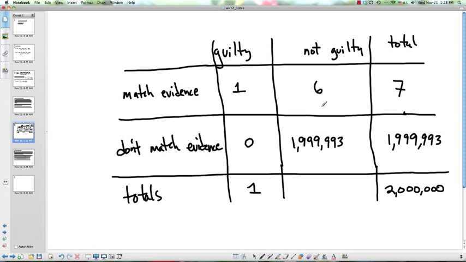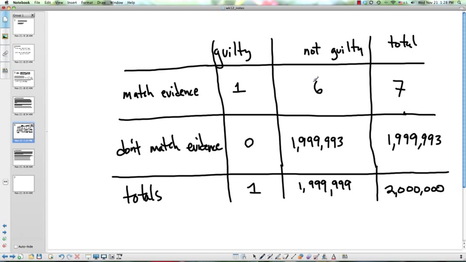Okay, well then I can add these numbers as well, and of course if you add 1,999,993 plus 6, you get 1,999,999, and naturally that's going to be exactly the number that when you add these two bottom cells in this table, 1 plus the 1,999,999 people that are not guilty, that adds up to the 2 million total, right? One person guilty, everybody else not guilty.